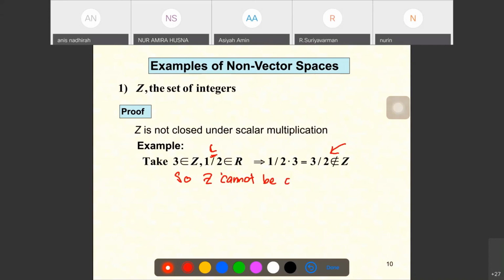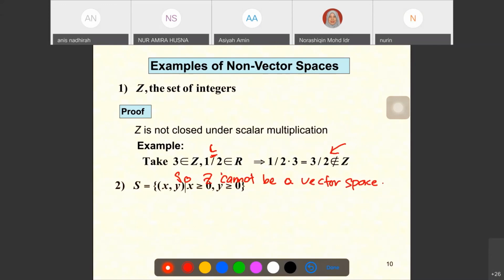Now we have checked at least one that doesn't hold, then this Z cannot be a vector space. Okay?